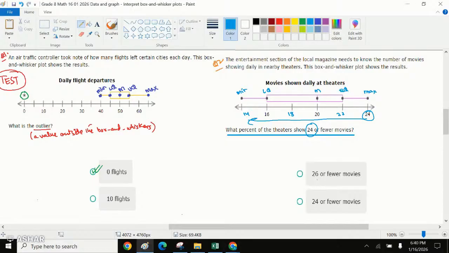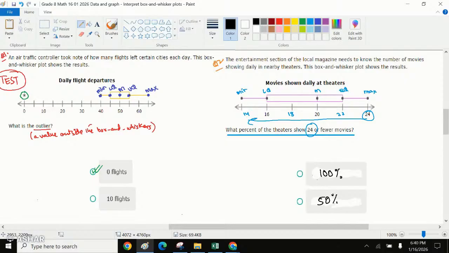Let's change the answers over here. The answers could be 100%, or the answer could be 50%. What percentage of theaters showed 24 or fewer movies?